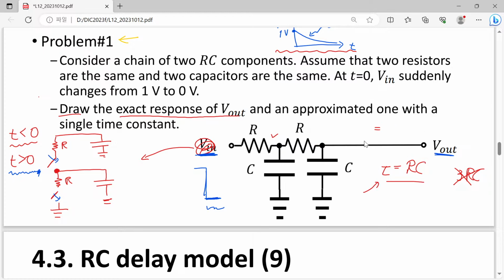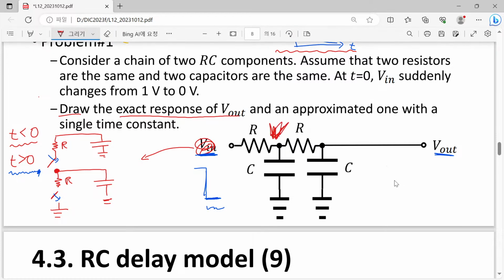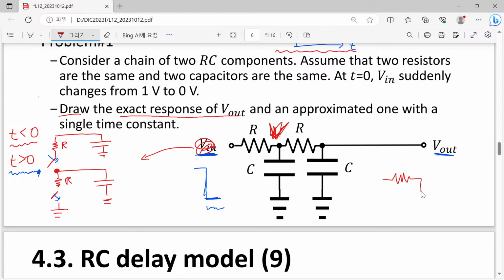For example, this approximation just says that the discharging of this node and the discharging of this node are identical following our approximation.